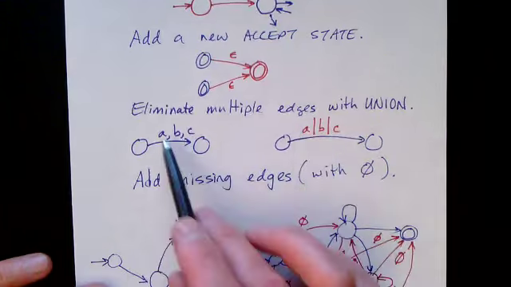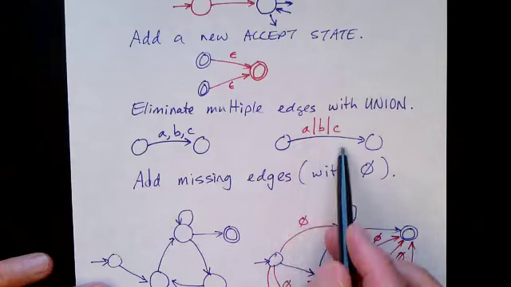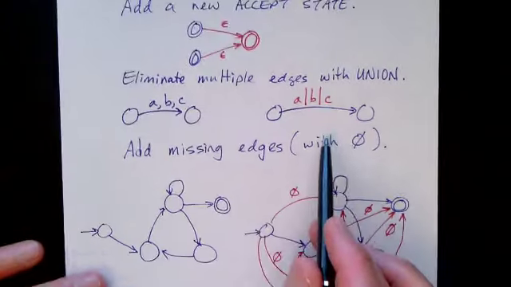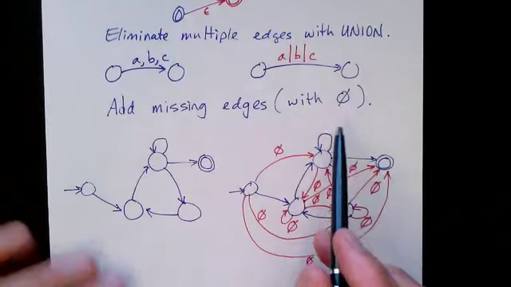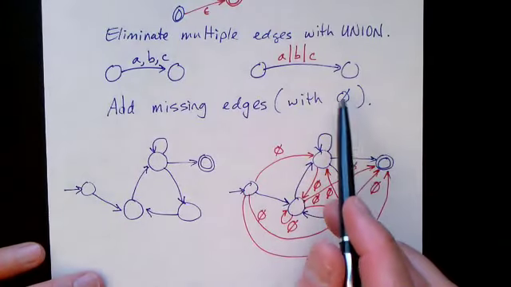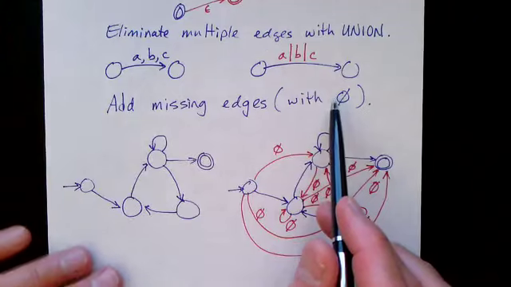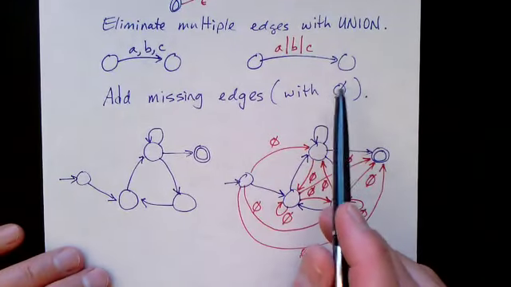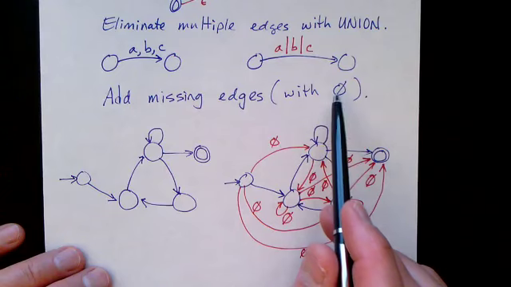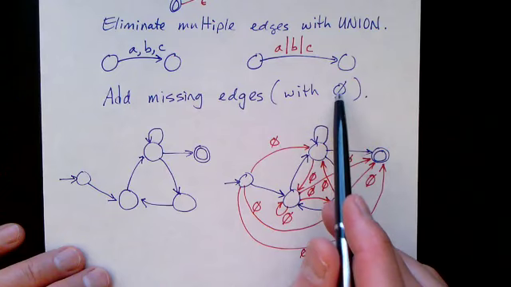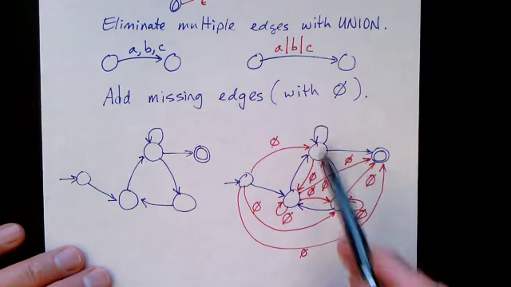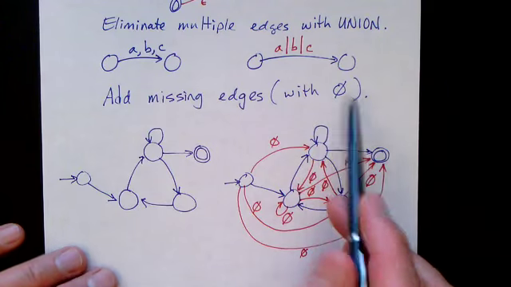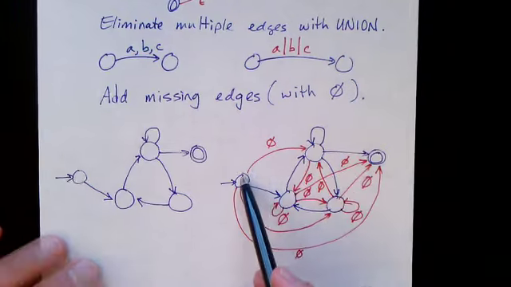So instead of these 3 edges, we now have one edge labeled with this regular expression. And finally, remember there are a lot of edges in this generalized non-deterministic finite state automaton. For all edges that are missing, we'll add them to the machine, but we'll label them with the empty set.